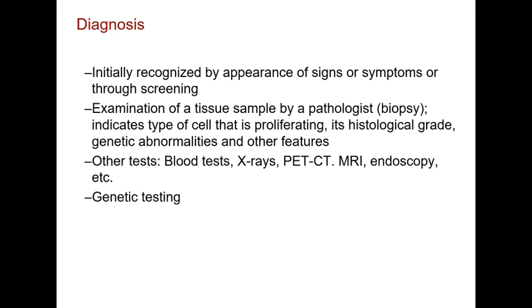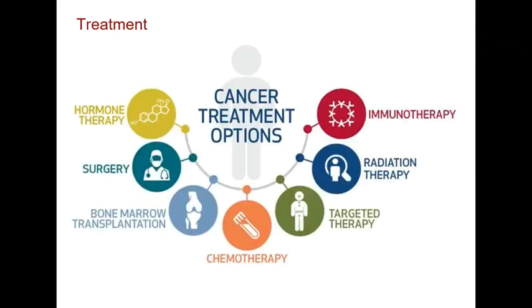Then we do other tests like blood test, X-ray, PET CT, MRI, endoscopy, etc. These tests may not always look at the cancer itself, but they can also be performed to check whether there is metastasis happening or not, or what secondary effects this cancer can have on other organs or on the body as a whole. Then genetic testing is also done.